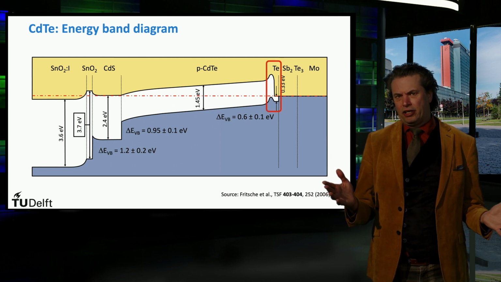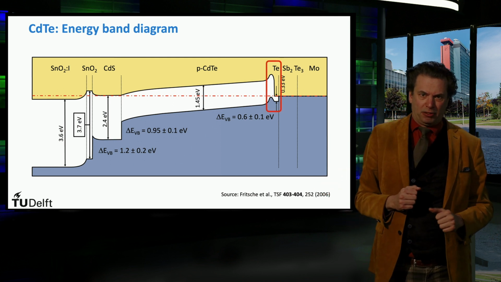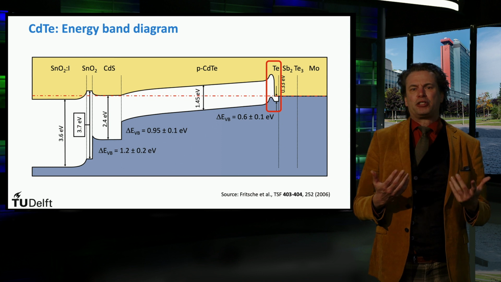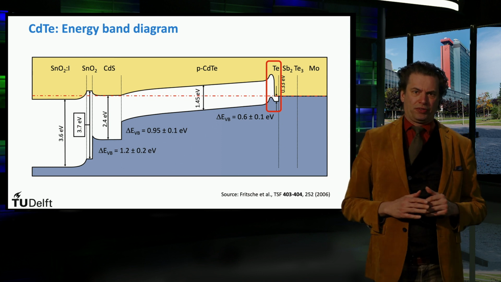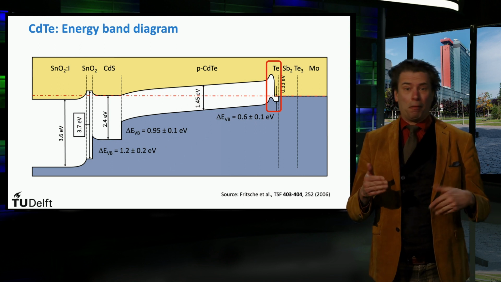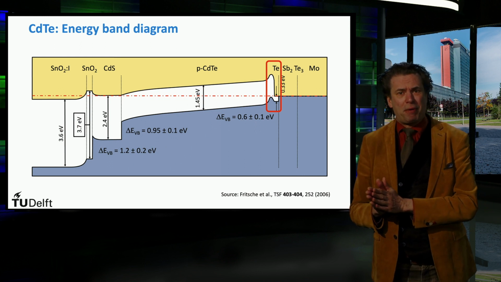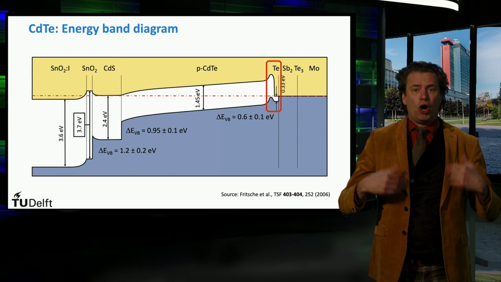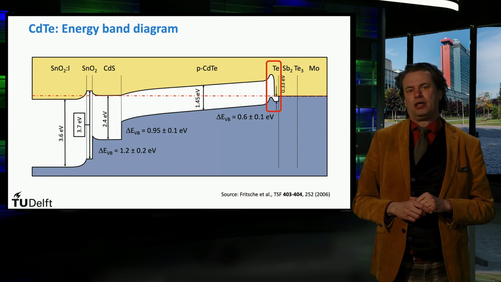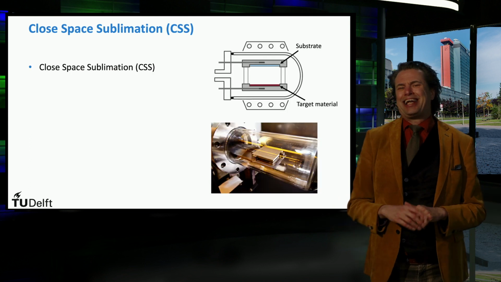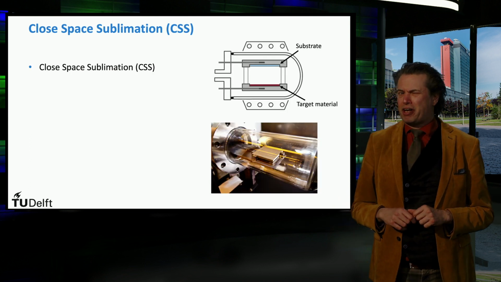By creating a tellurium-rich cadmium telluride layer, the material is made heavier p-type doped close to the back contact. This creates a barrier for electrons and these are repelled towards the front of the device while holes will drift towards the back contact.